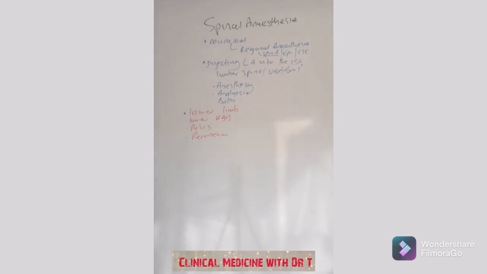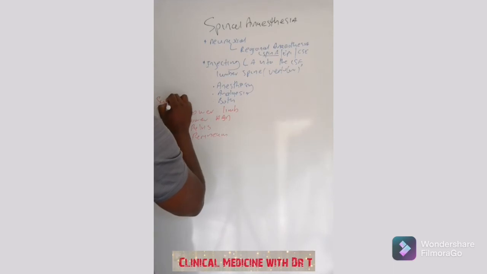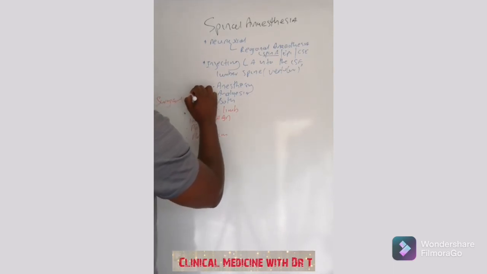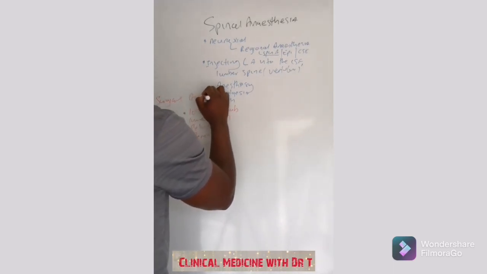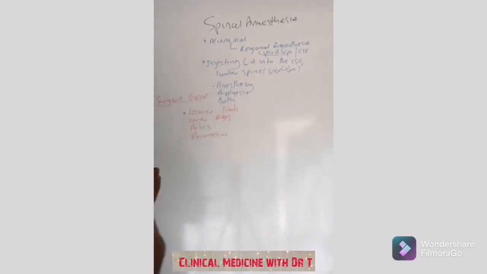So when a surgical procedure is going to be done in the lower limbs, lower abdomen, pelvis, or perineum, one can consider doing a spinal anesthesia, right?